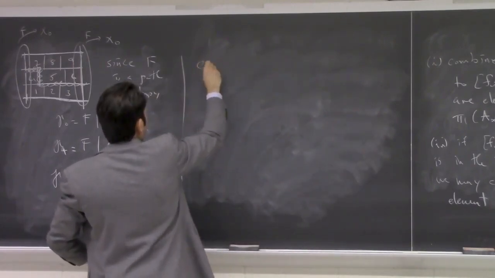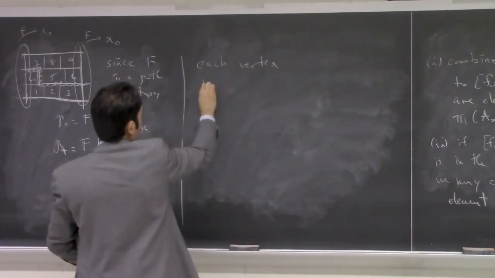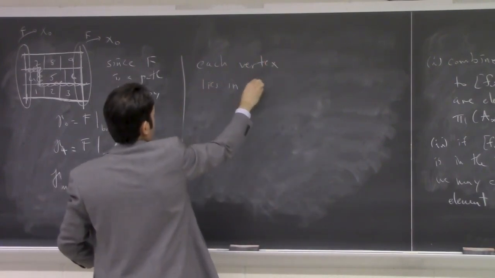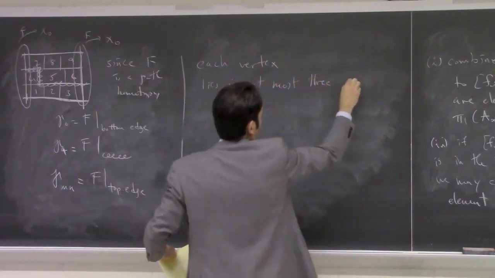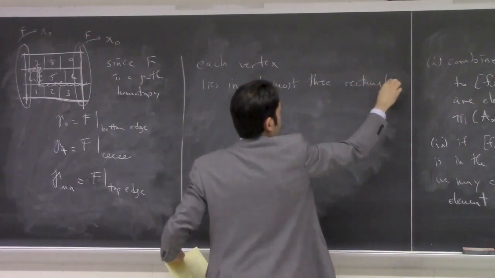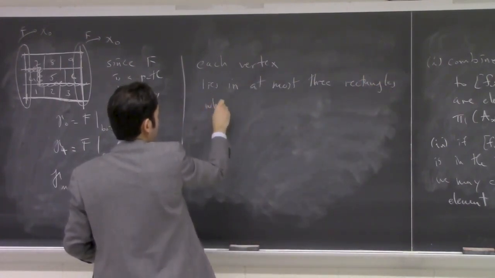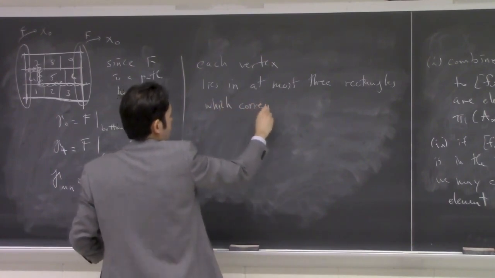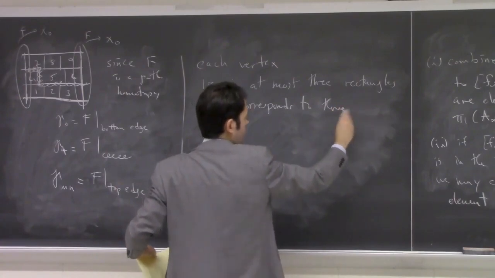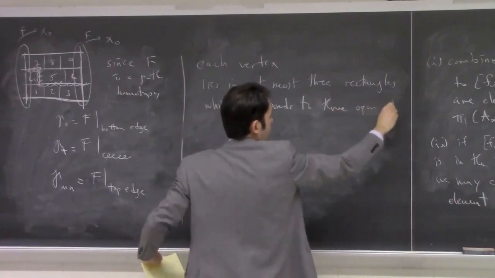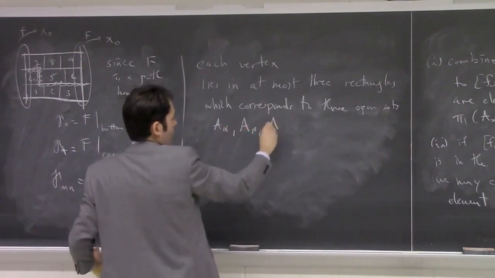Okay, so each vertex lies in at most 3 rectangles, which corresponds to 3 open sets. And I'd say A alpha, A beta, A gamma.